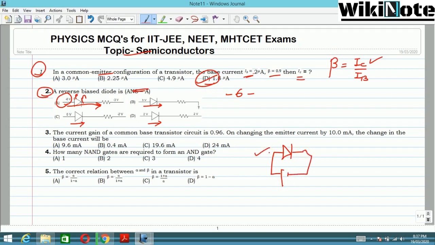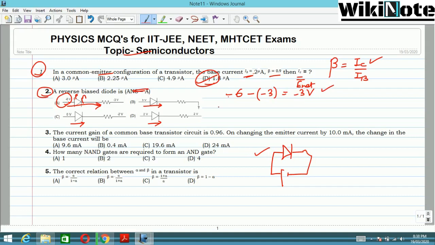This is our requirement. So -6 -3, you have to subtract this, -3 volt. So what will be the effective? -6 plus 3, this is going to be -3 volt. So the net voltage across the diode is -3 volt.